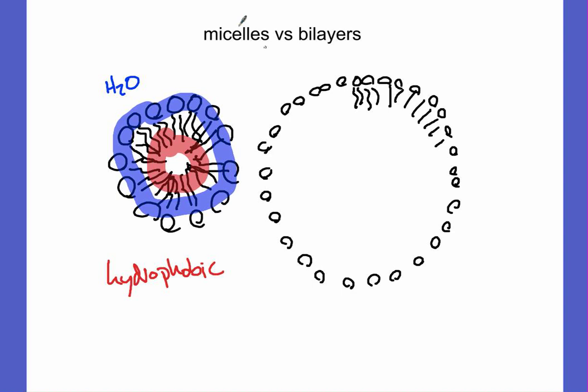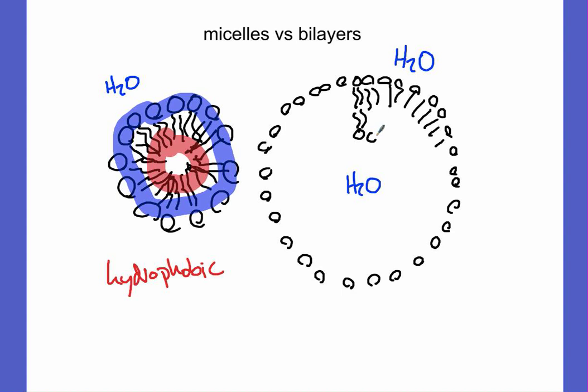What can happen is, I have this water on the outside that the polar head groups are attracted to, but I'm also going to have some water inside of this structure now. So I don't just get one layer of phospholipids, I actually get a bilayer. I get 2 layers.